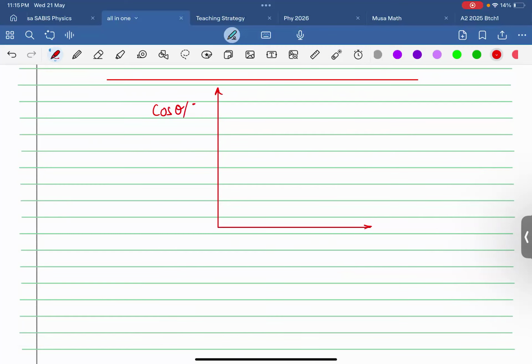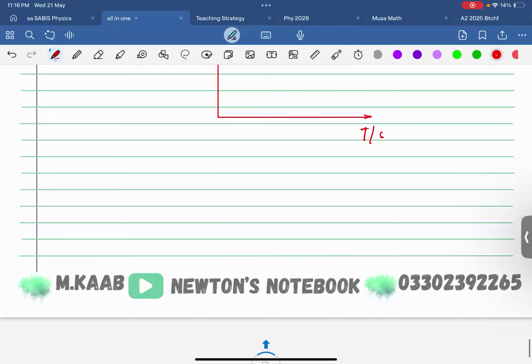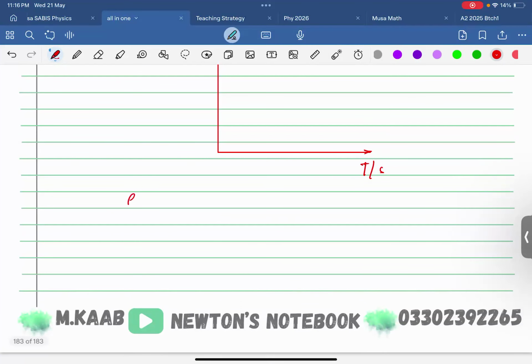So cos theta on the y-axis and t on the x-axis. Okay, let's say this is what you drew, the graph and the line of best fit and so on. Now the last part says that you have the equation cos theta equals a minus bt. Okay, this part is the part where most of the students get confused.